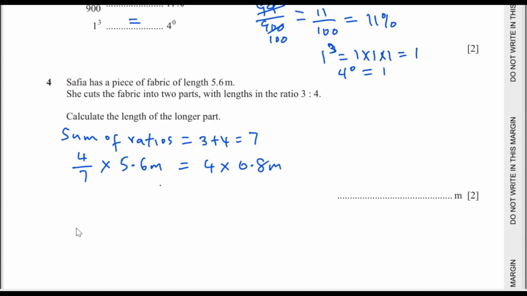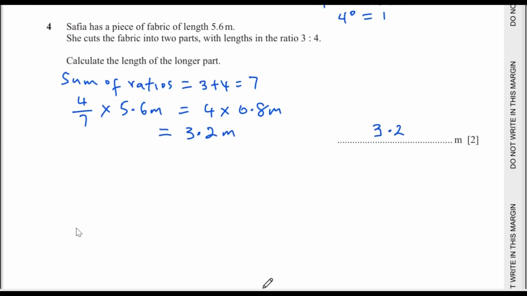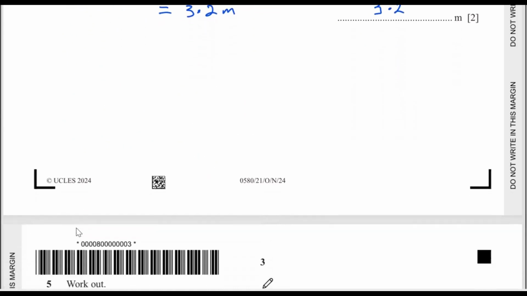And when you multiply this 0.8 by 4, that gives you 3.2 meters. So we have 3.2 written down here. So we'll move on now to question number 5.